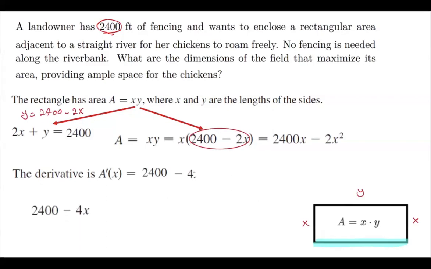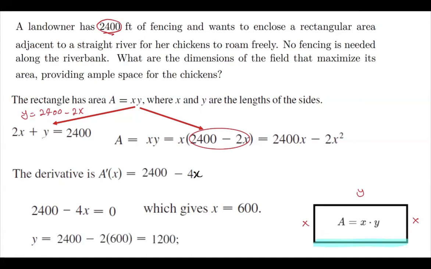Okay, now just set the derivative equal to 0 to find the critical value. x equal to 600 is the x coordinate of the critical value, and y is 2,400 minus 2 times 600, which gives us 1,200.